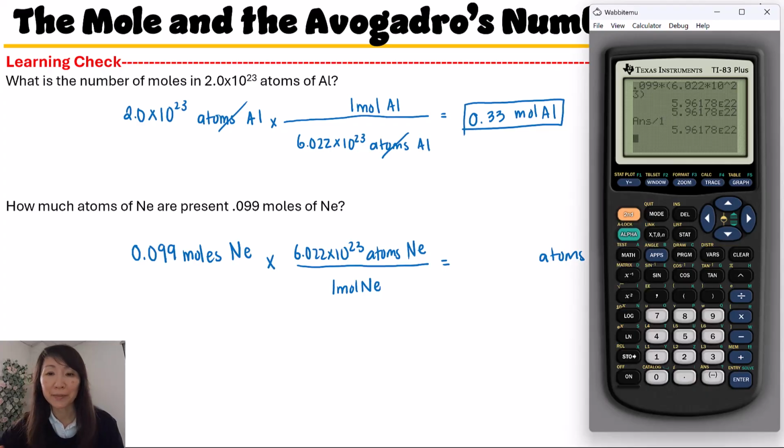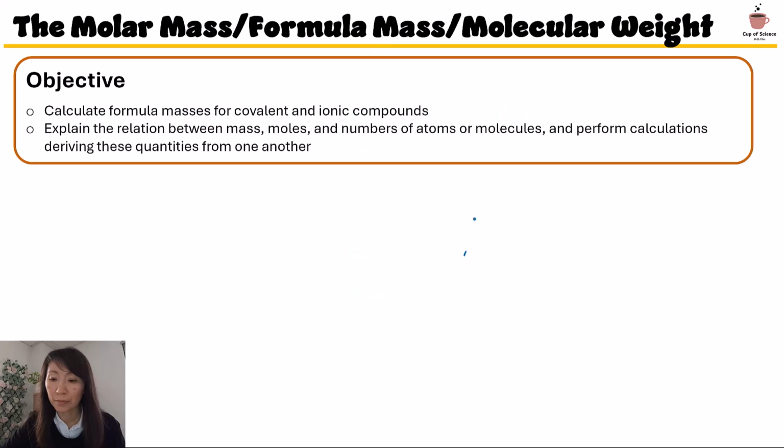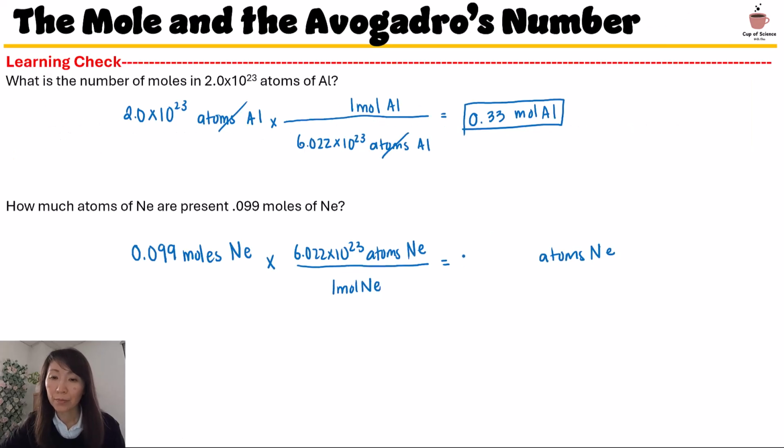So you get 5.96 times 10 to the 22, or I'm going to put it as 6.0 times 10 to the 22 atoms, since this is 2 sig figs.